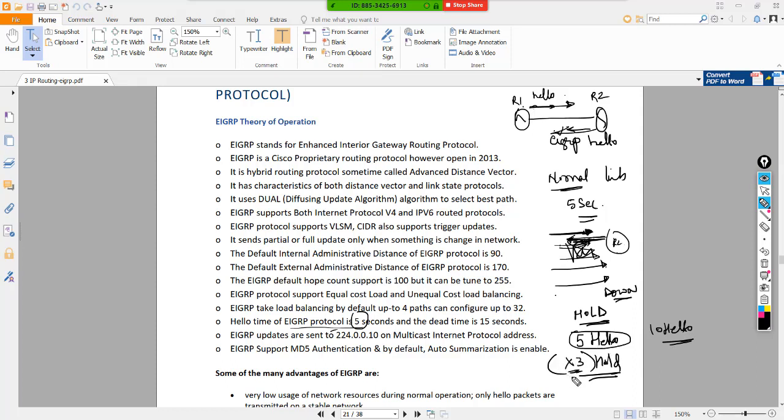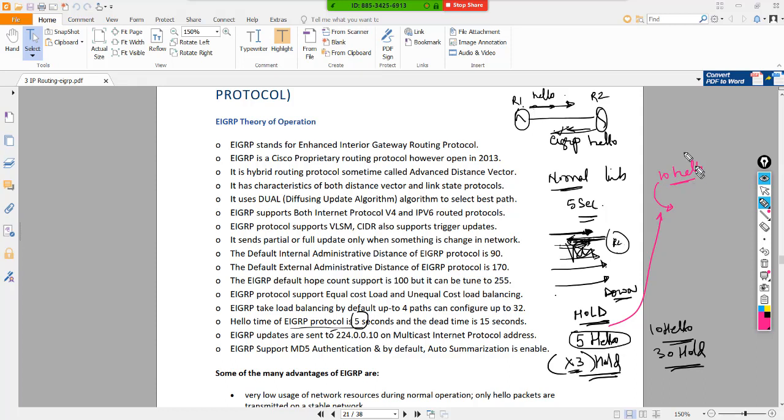As per the mathematics, the hold timer should be 30. But in the case of EIGRP, if you change the value from the default to a custom one, don't think the hold timer is going to be configured automatically.